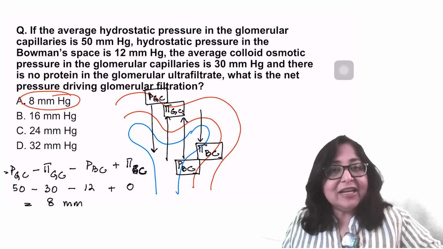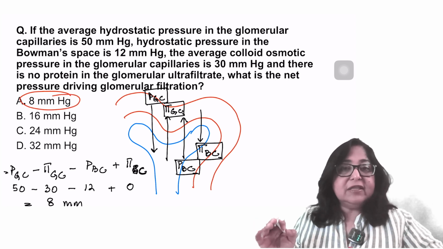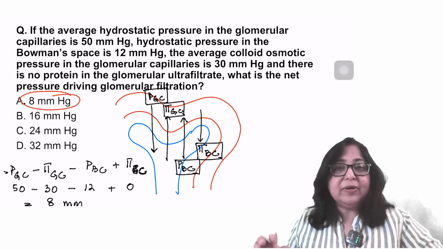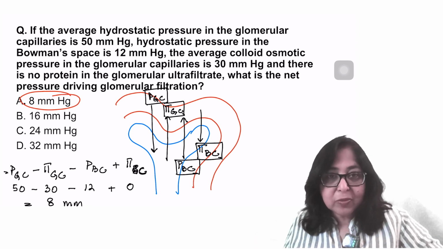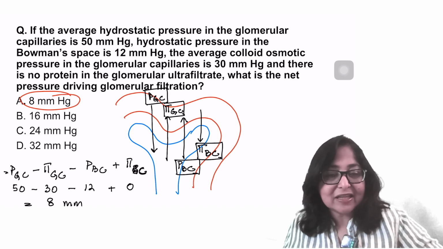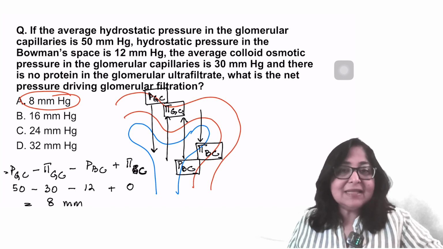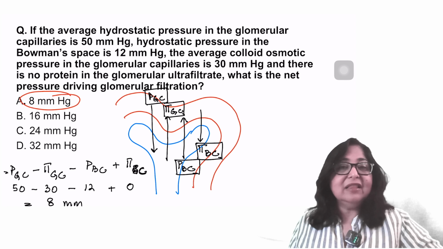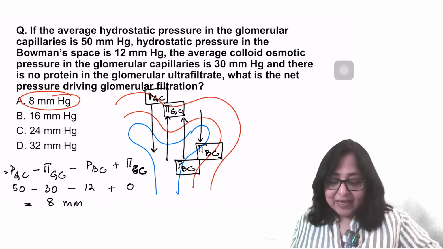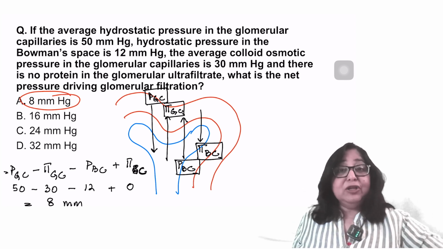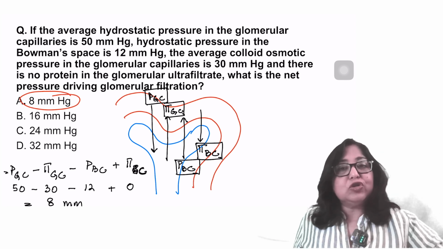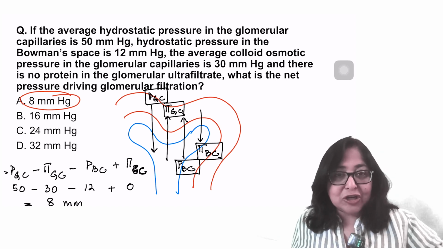Once again, this is hydrostatic pressure of the glomerular capillaries minus the colloid osmotic pressure of the glomerular capillaries minus the hydrostatic pressure of the Bowman's capsule plus the colloid osmotic pressure in the Bowman's capsule. And remember, GFR is directly proportional to this net pressure.